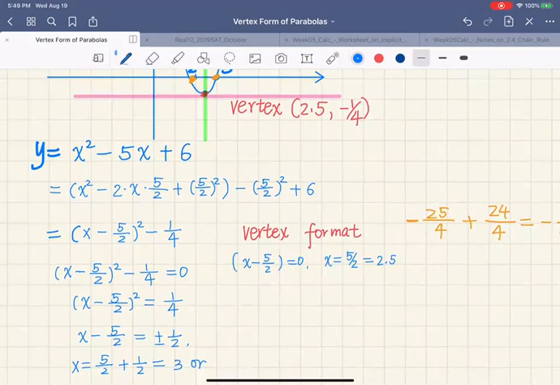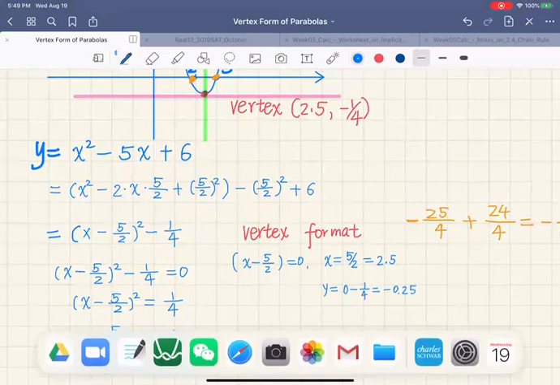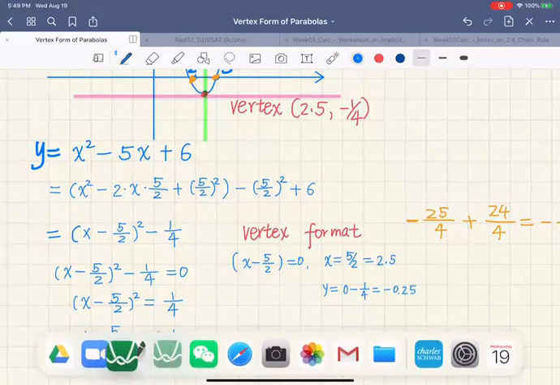Now, when this package is 0, y equals what, Valeria? Negative 1/4. Negative 1/4 is negative 0.25, right? Yes. You don't need to always get it by graphing.